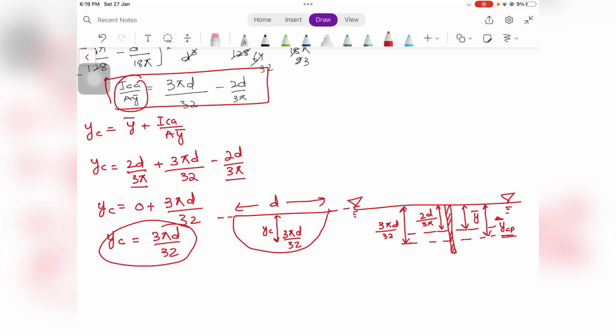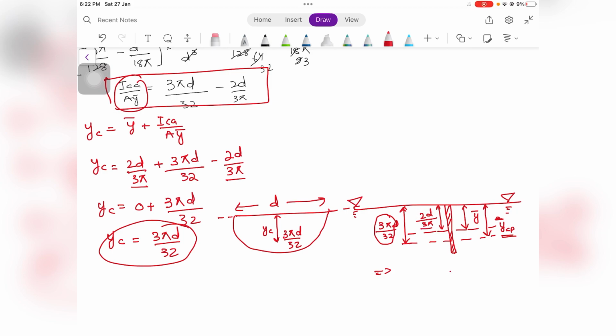All right, so for the purpose of understanding, let me quickly find out the value of 2 upon 3 pi, this factor, and this factor 3 pi upon 32.